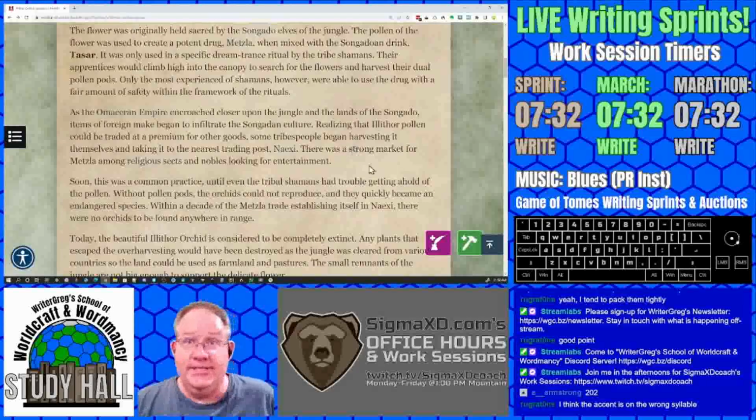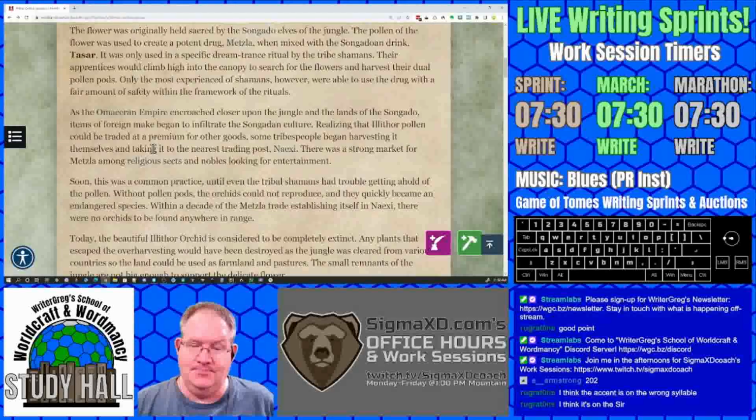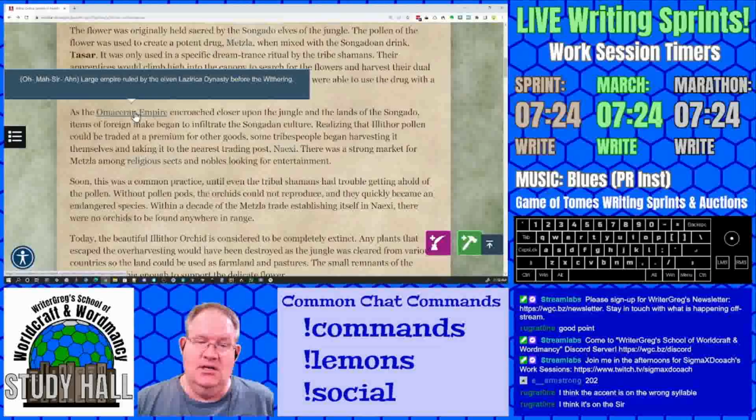A pronunciation guide could be kind of cool, especially for conlangs. If that's the sir, then I'd make the Omasuran. Because it could be Omasuran, Omasiran, or Omarsuran. So, yeah.